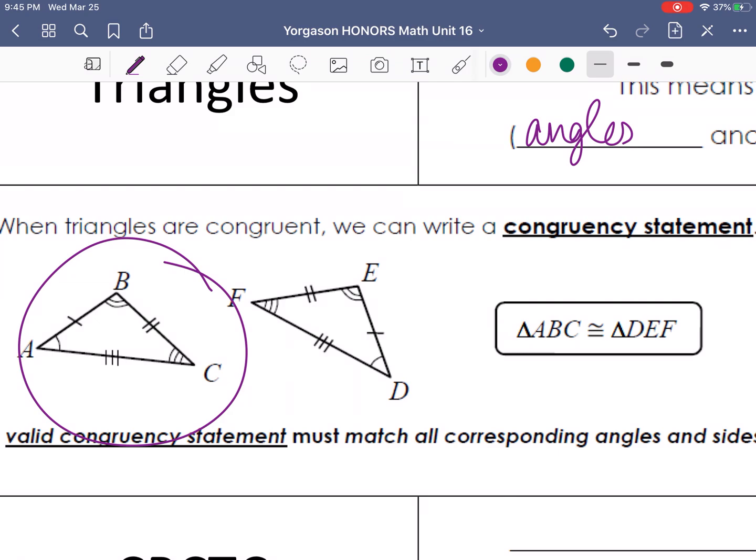But once that order has been determined, when you're writing your congruency statement, you need to make sure that the first letter, so like they chose to start with A, the first letter in the other triangle that they use is the angle that corresponds with A. See how those two are congruent?